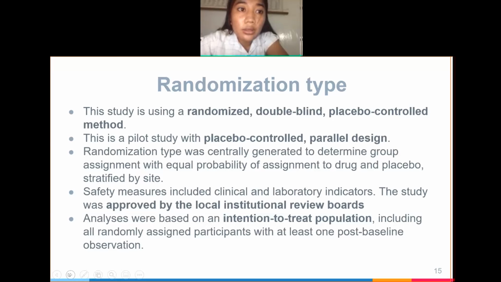Okay, a randomized controlled trial can determine whether there is a cause and effect relationship between intervention and outcome. In a randomized controlled trial, trial participants are randomly assigned to either a treatment or control group.